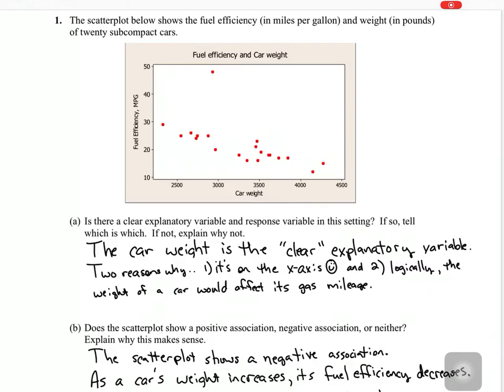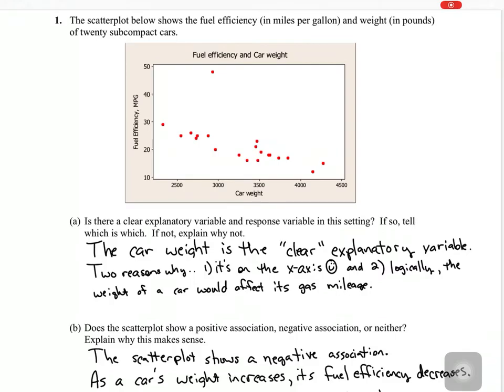The car weight is explanatory because it's on the x-axis, and that just makes sense, that if they've provided us a graph, the explanatory variable shows up on the x-axis. But also just logically, as the car weight increases, the car's fuel efficiency will decrease.